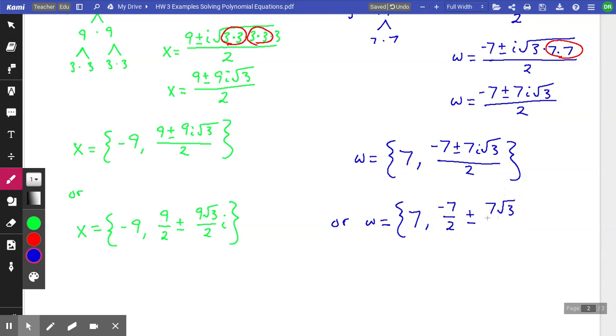If it's off to the side, which would be a standard practice, it'd be 7 followed by the square root of 3 over 2, and then put the i next to that fraction. Both of these mean the same thing. For us, either is acceptable, but if on your homework you're seeing it presented in a different way, here's an alternate to that. So I hope these examples help. Again, just pick and choose from the ones that you need.